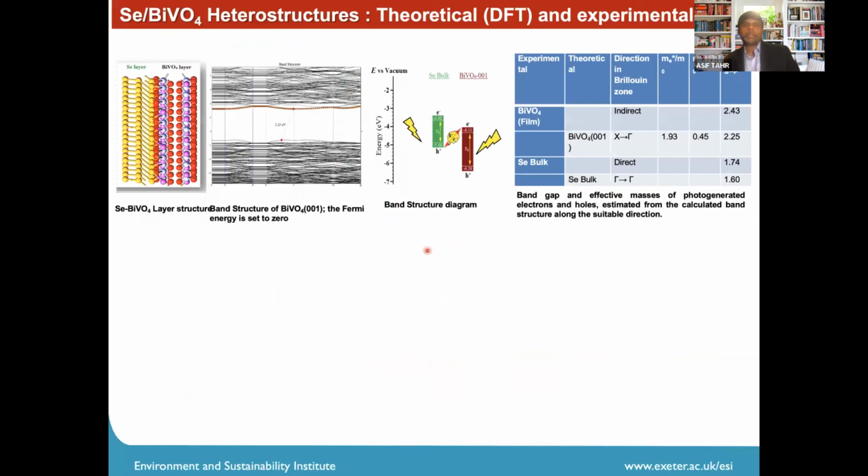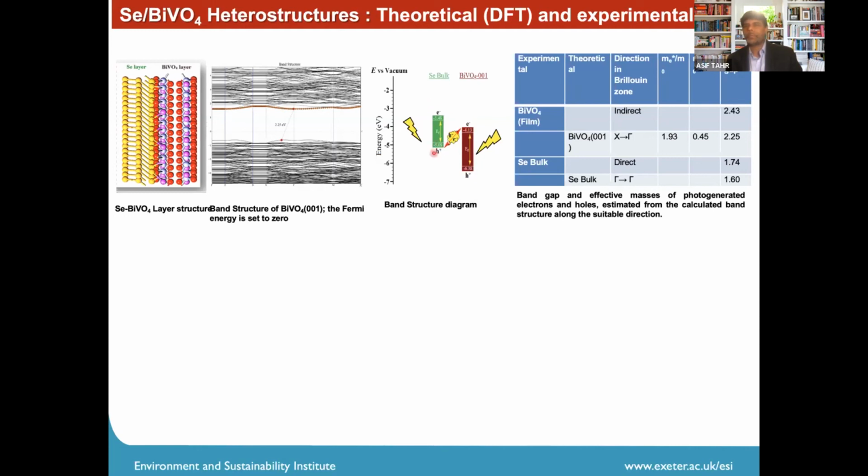We have to find out where the valence and conduction band of the one material lie, where the valence and conduction band of the second material lie, and how the electron transport will take place. If the gap between the valence band of one material and the conduction band of the second material is too high, the electron will not transport from one material to the other.